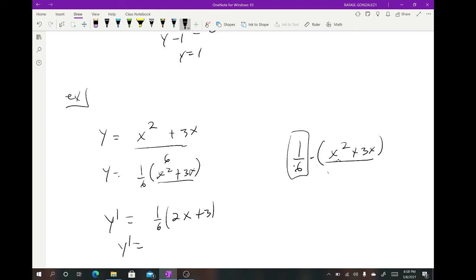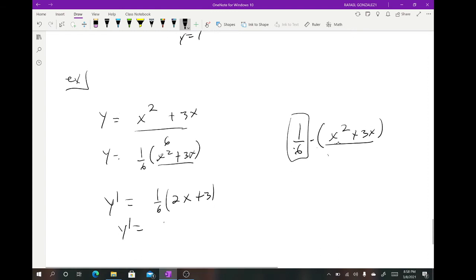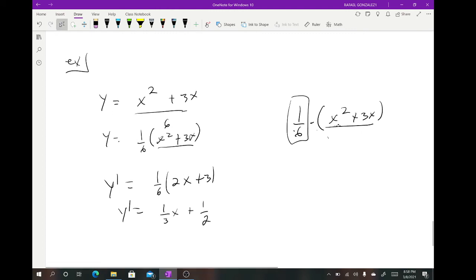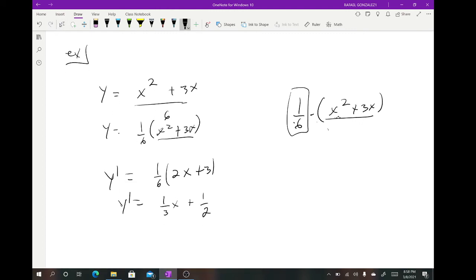And then you could simplify. So you're going to have 1/3 x plus, so 3 over 6 is 1/2. And then that will be your derivative. So you don't have to go and find f and g and their derivatives.